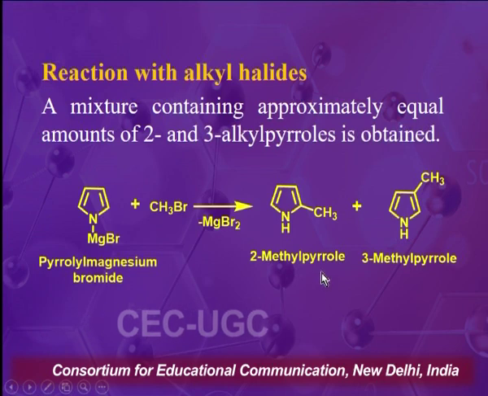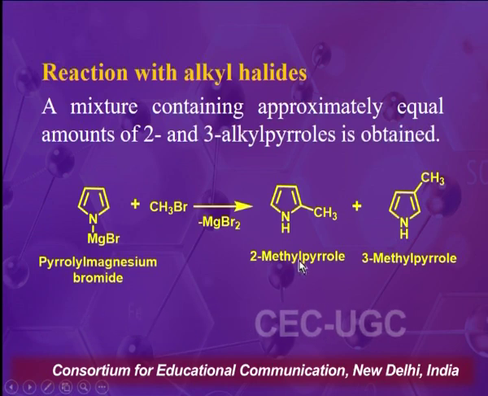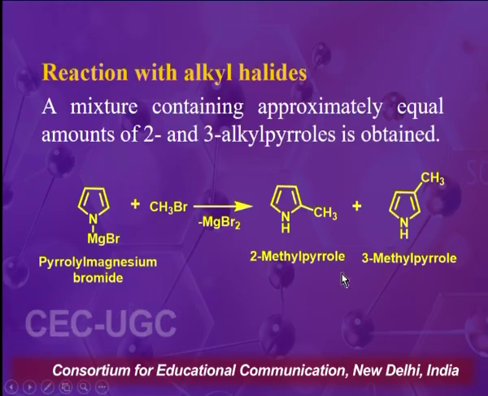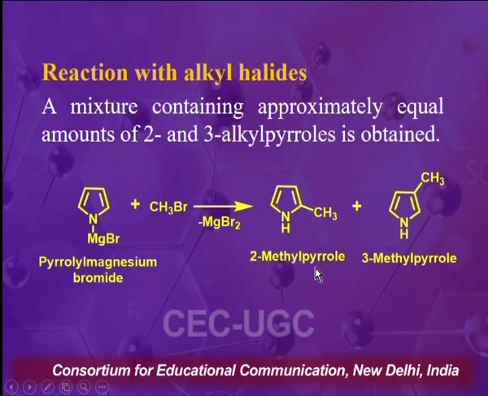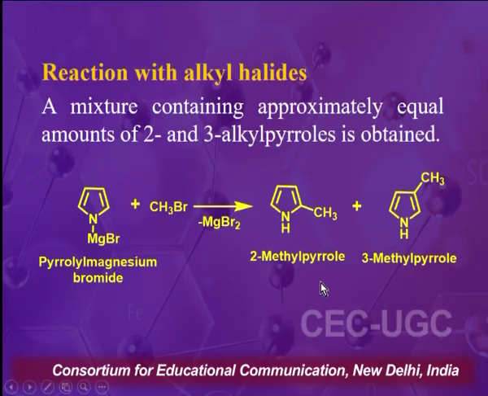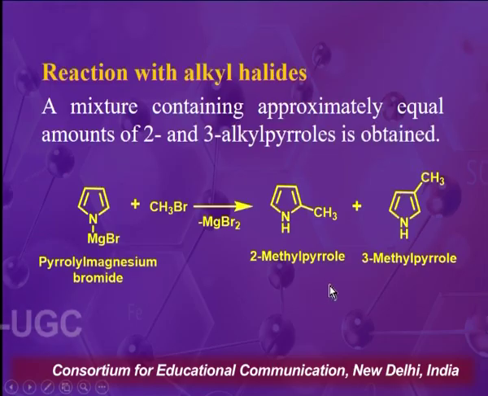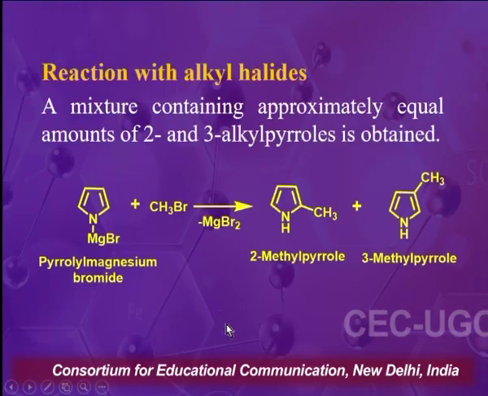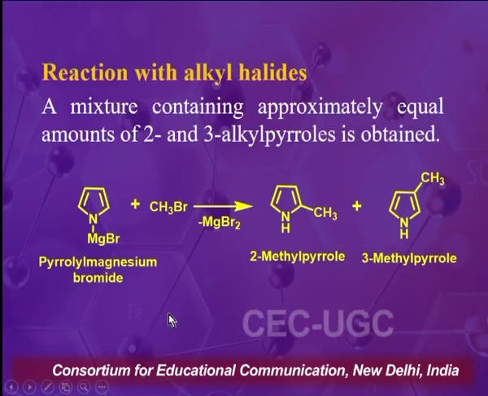Further, Friedel-Crafts alkylation is also possible on the pyrrole molecule, but direct Friedel-Crafts alkylation is not feasible in the case of pyrrole, so we do indirect alkylation on the potassiopyrrole molecule or pyrrole magnesium bromide molecule.